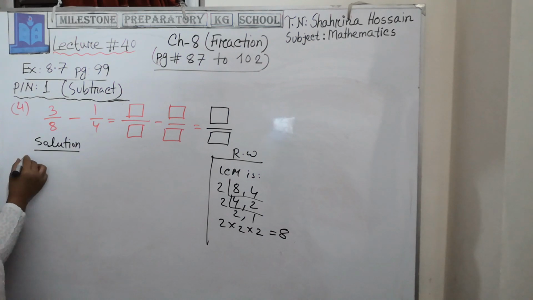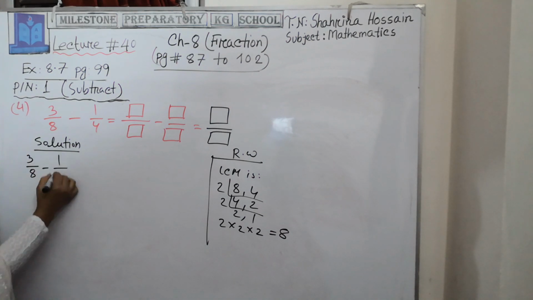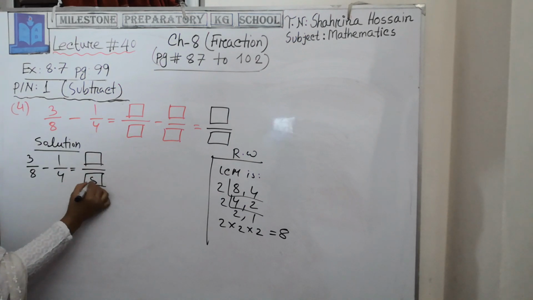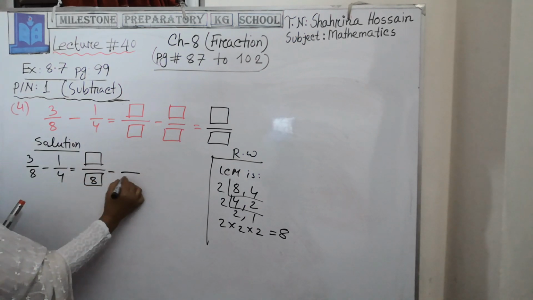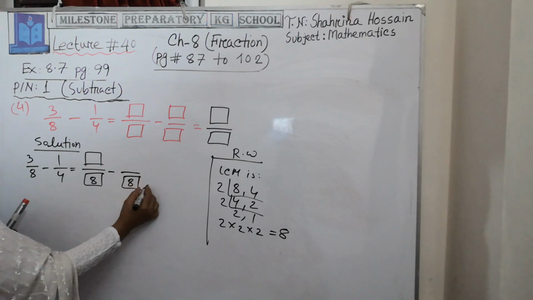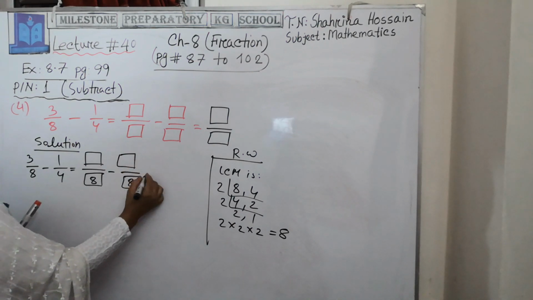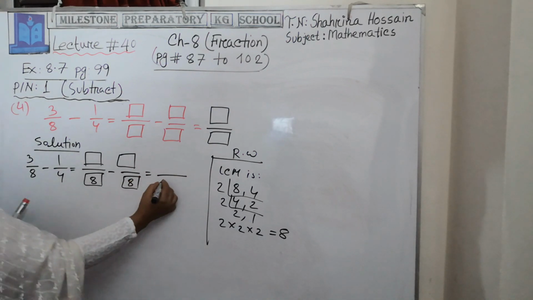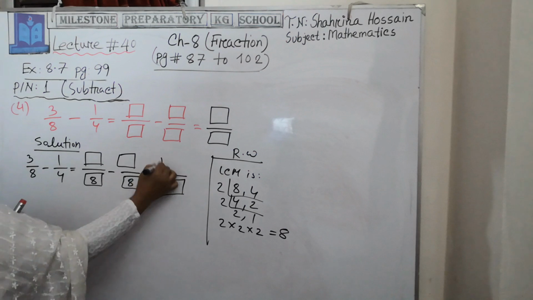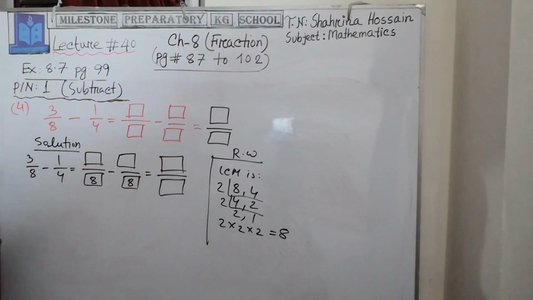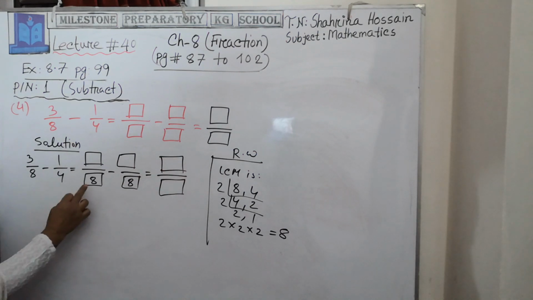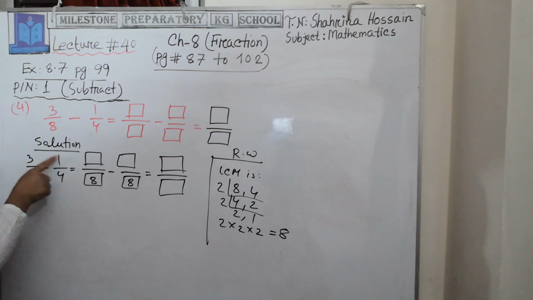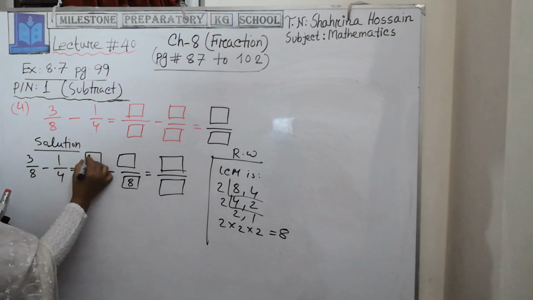Now 3 by 8 minus 1 by 4. In the denominator we write 8, so we have a common denominator. Now we find the answer as usual. At first we divide 8 by 8, the answer is 1, so 1 times 3 is 3.